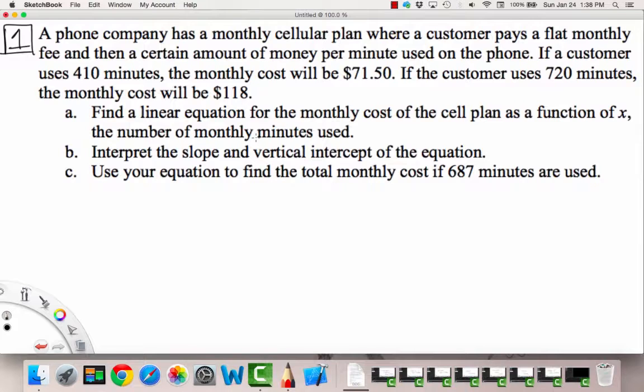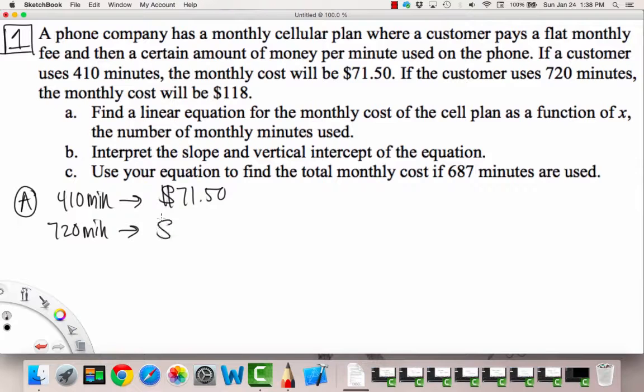We're going to find a linear equation for the monthly cost of this cell phone plan as a function of x, the number of monthly minutes used. Starting with part A, let's look back at the top part of the question. What are they really giving us? 410 minutes corresponds to a cost of $71.50, and 720 minutes corresponds to a monthly cost of $118 even.